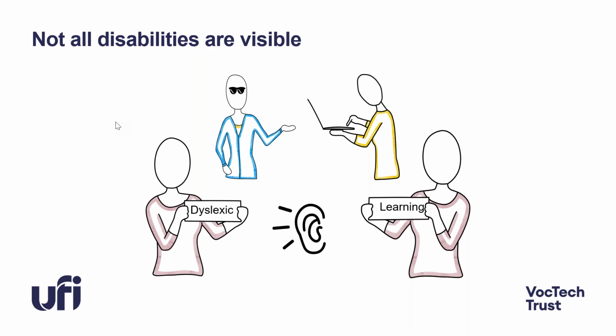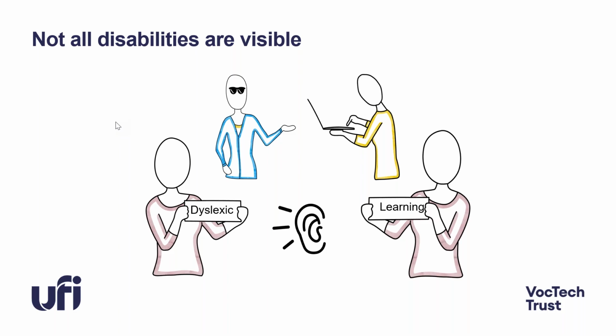There's a young lady with dark glasses who may well have sight impairment, and there's someone using a laptop. A motor impairment also is a significant difficulty for people using digital content. And not just these, this is just a quick image.